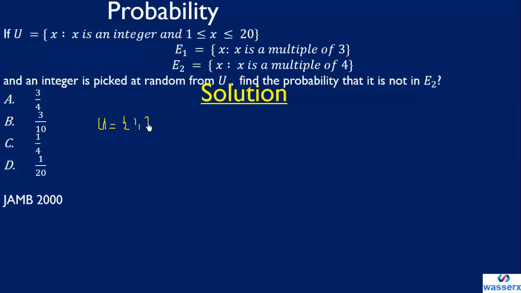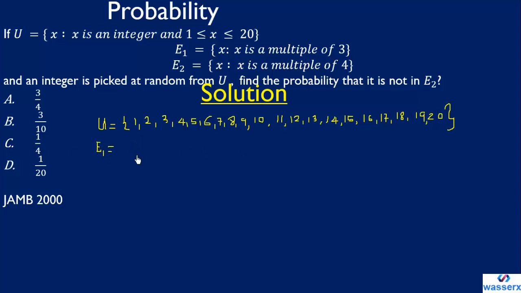So we get 1, 2, 3, 4, 5, 6, 7, 8, 9, 10, 11, 12, 13, 14, 15, 16, 17, 18, 19, and 20. So that is the universal set.